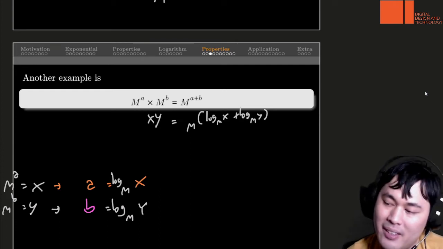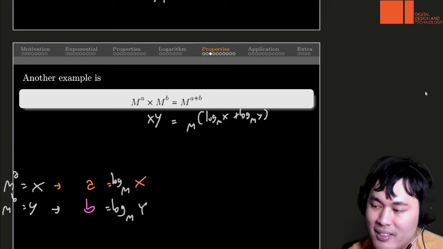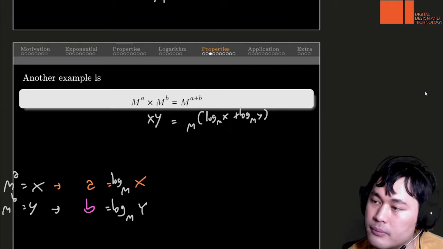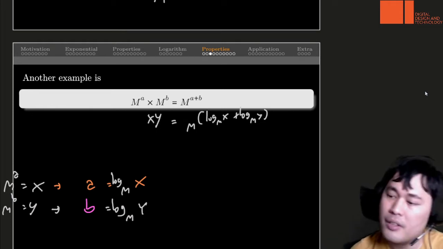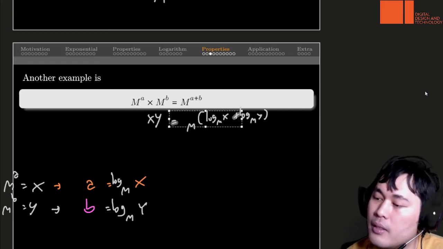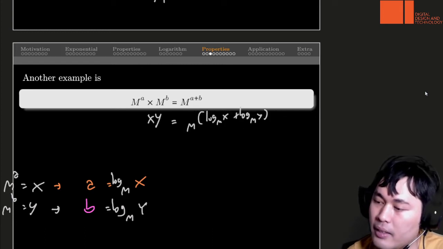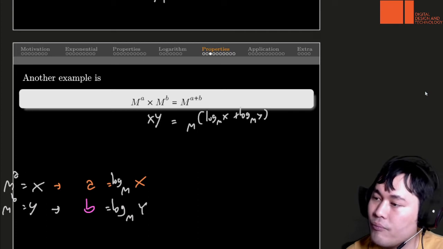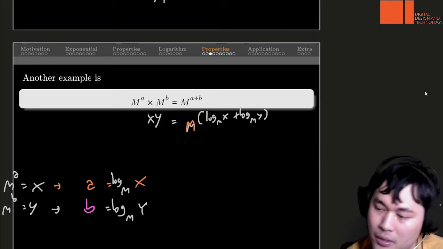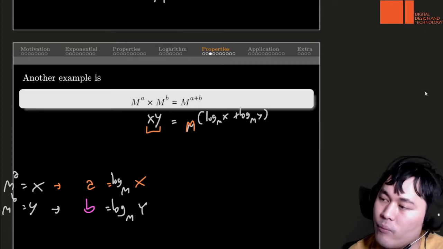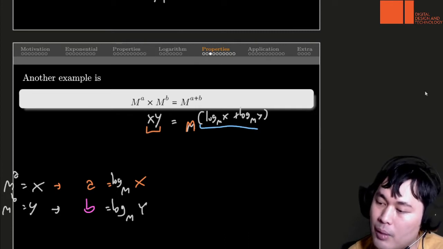But this doesn't quite work yet because we still have to do some math. You can see that we have some number equal to m to the power of another number.